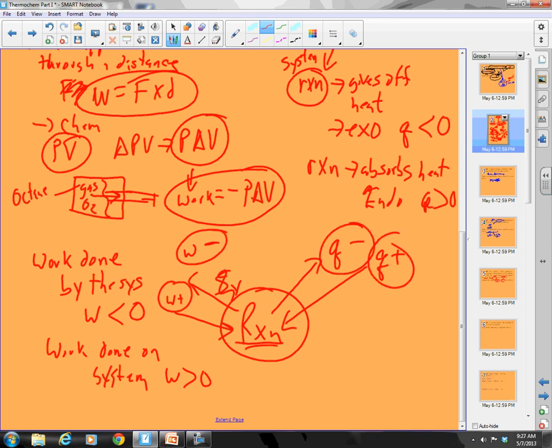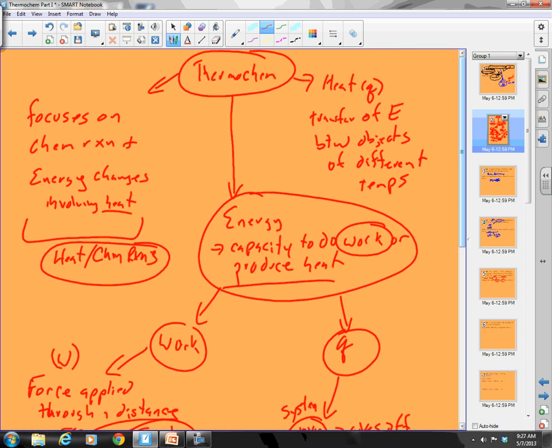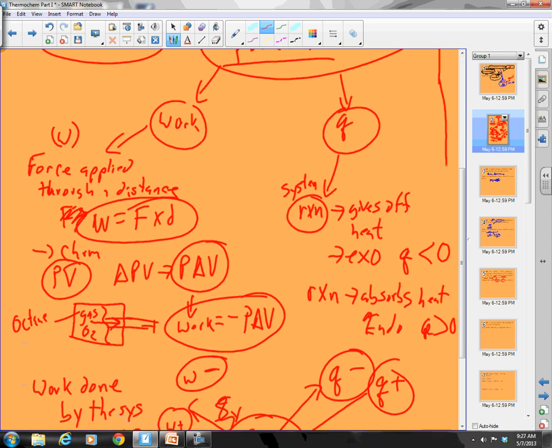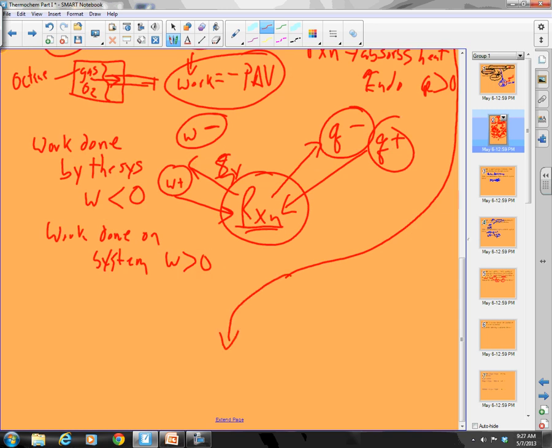And we have one other thing I think we want to talk about here. We're going to get into something which we are a little bit familiar with, but we want to talk about delta H. What is delta H? Delta H is my change in enthalpy, right?